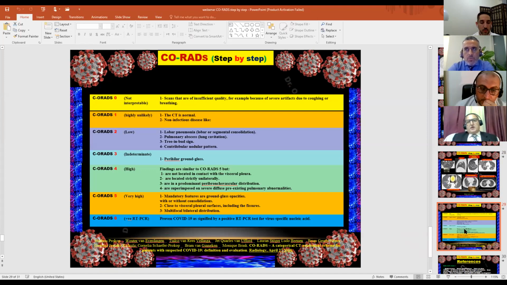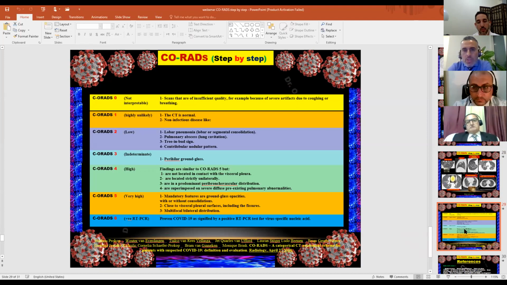So whenever we have such cases with high ferritin, we should take care and monitor closely, as this patient is at high risk for deterioration and for mortality.